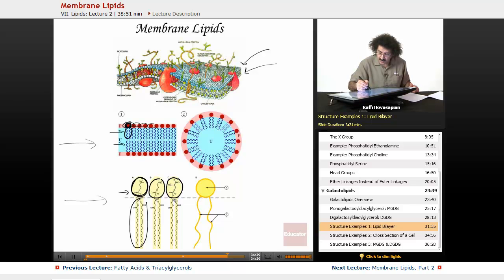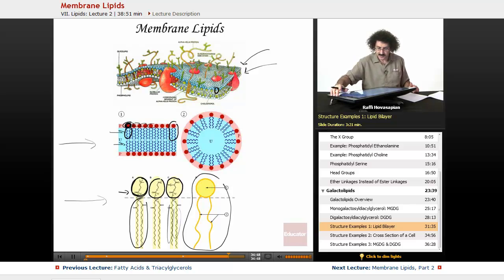So this is, again, that's the tail, and this is our phosphatidylserine, phosphatidylethanolamine, phosphatidylcholine. This is the general structure. This is what you see. There you go. Again, you've seen this stuff before, should be reasonably familiar. Now we're just getting into the actual structure of these lipids.